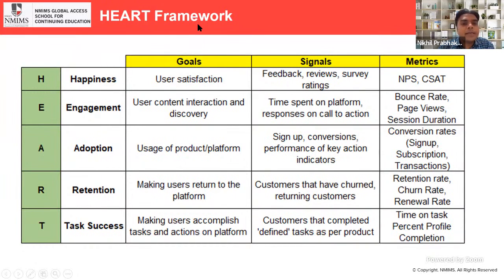When you capture product data through your website or mobile app, you can refer to this HEART framework, where H stands for happiness, E for engagement, A for adoption, R for retention, and T for successful task. Using this HEART framework, we define certain goals that we want to measure.